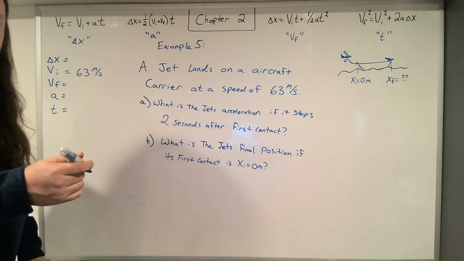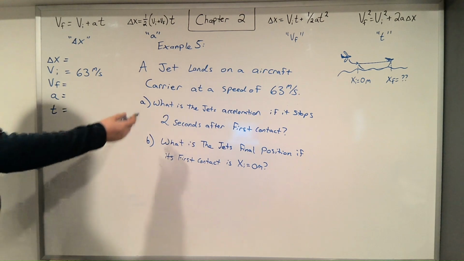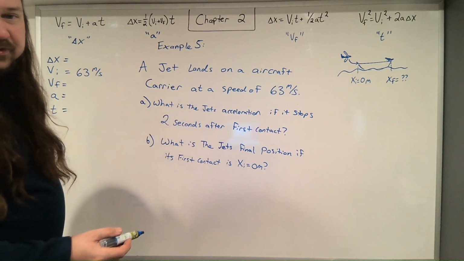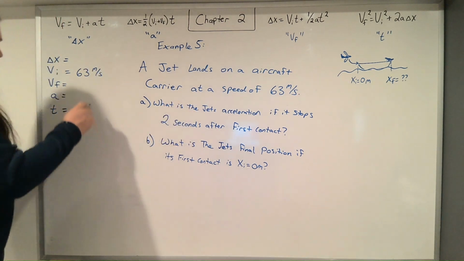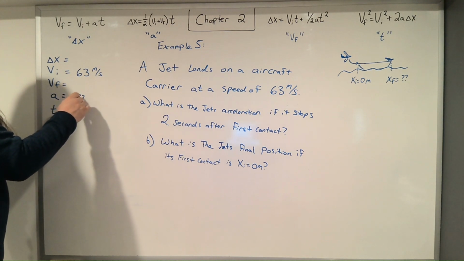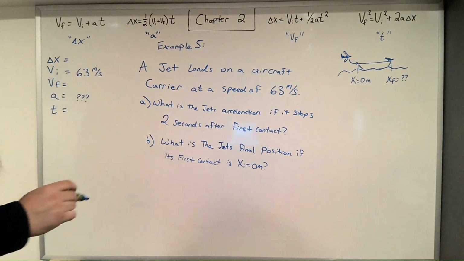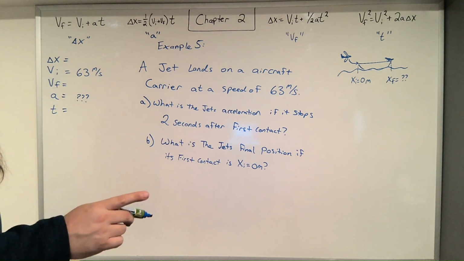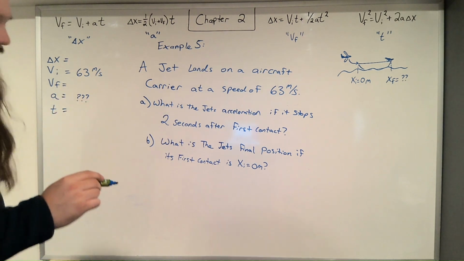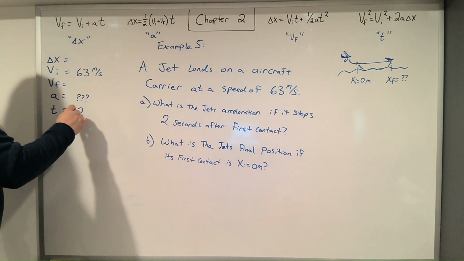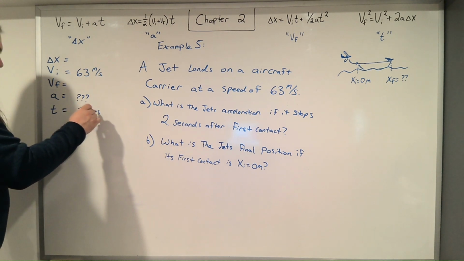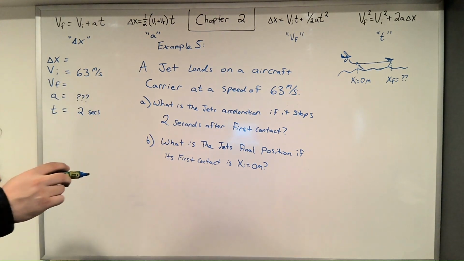Boy, that question didn't give us a lot. Let's keep going. What is the jet's acceleration? Okay, so that's the question. What is A in this case? If it stops in 2 seconds, 2 seconds would be our time after first contact.